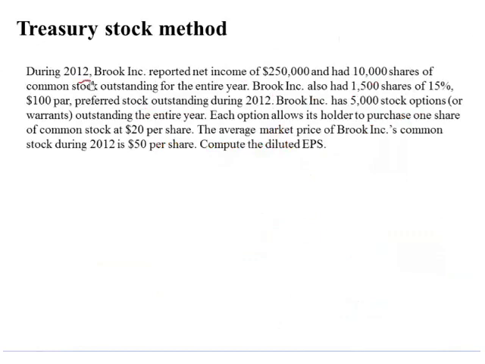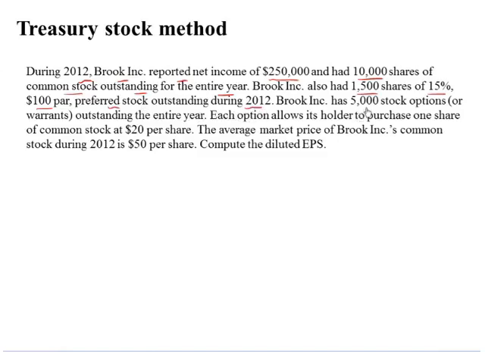During 2012, Brook Incorporated reported net income of $250,000 and had 10,000 shares of common stock outstanding for the entire year. Brook Incorporated also had 1,500 shares of 15% $100 par preferred stock outstanding during 2012.